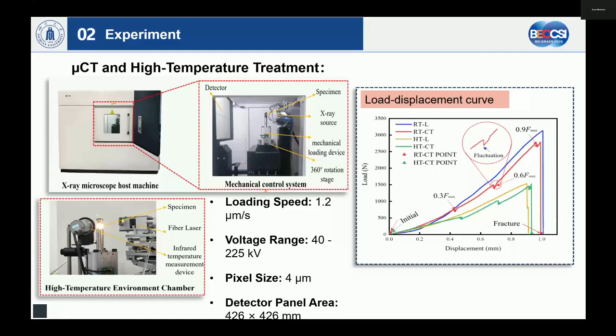Before failure, the high temperature specimen underwent greater displacement under unit tensile load, absorbed more energy, and thus demonstrated improved ductility.